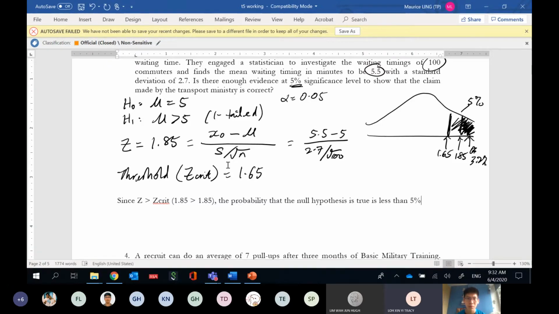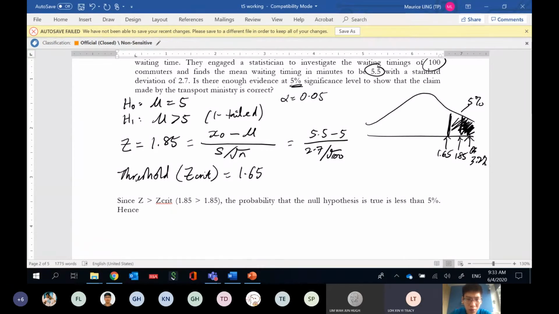Tracy, do you understand this statement? Yeah. Okay. If it's less than 5%, hence you reject the null hypothesis. If it's less than 5%, you reject. If it's more than 5%, then you accept. The only way to accept is if your Z is less than 1.65. So you reject the null hypothesis.